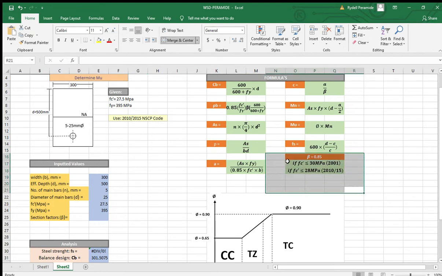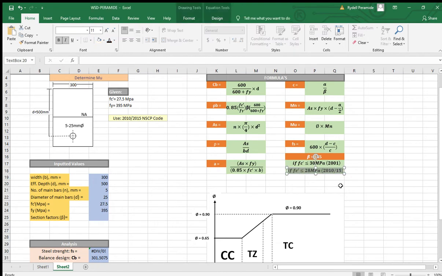We have this condition. If f'c is less than or equal to 30 MPa in 2001, use 0.85. If f'c is less than or equal to 28 MPa in the 2010 to 2015 NSCP code.